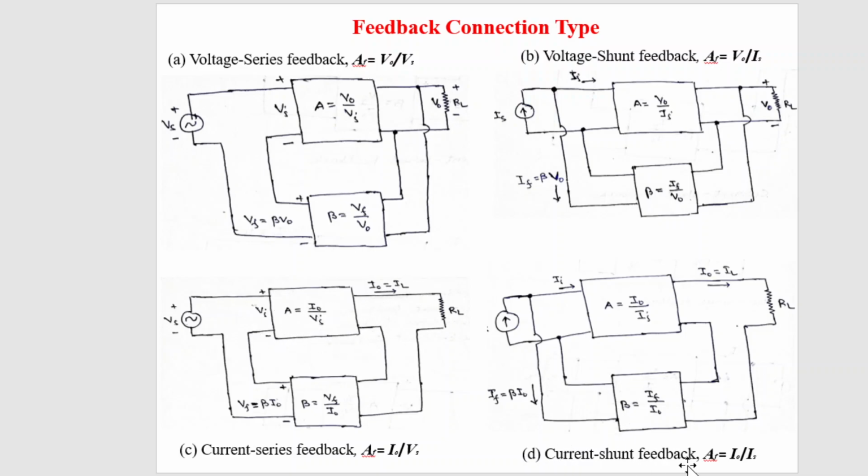And in current shunt feedback, at the amplifier stage, A was Io upon Ii. So gain without feedback and gain with feedback have a difference: without feedback Io upon Ii, and with feedback AF is equal to Io upon Is.